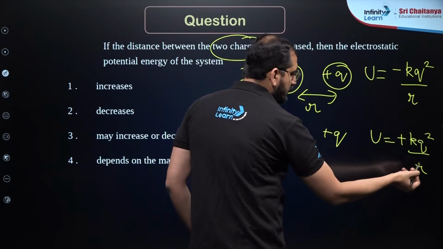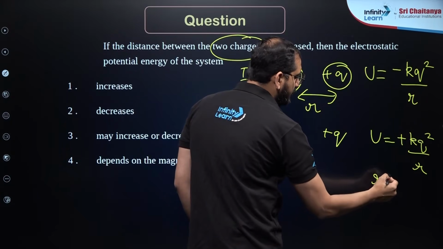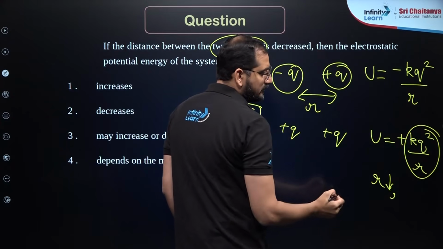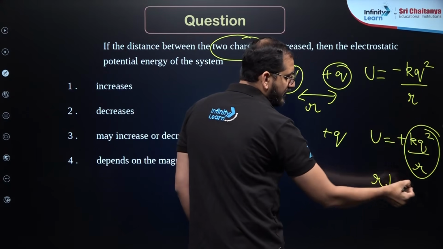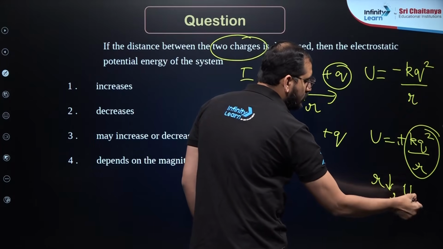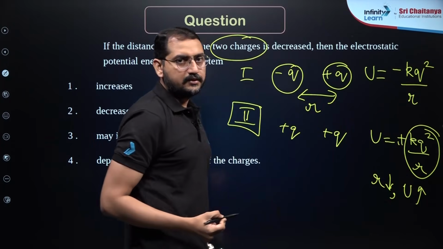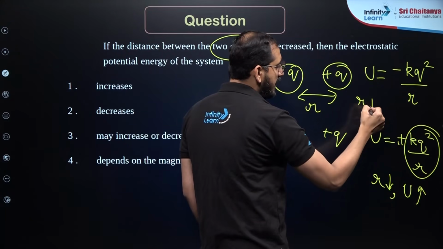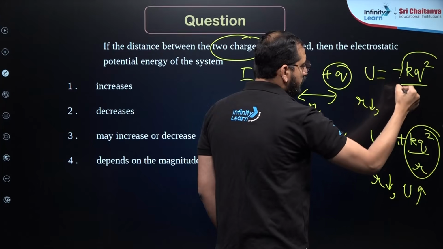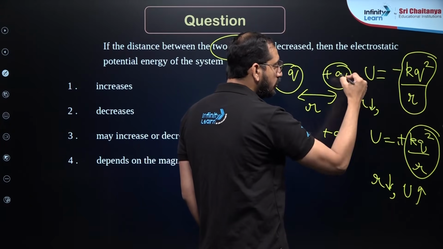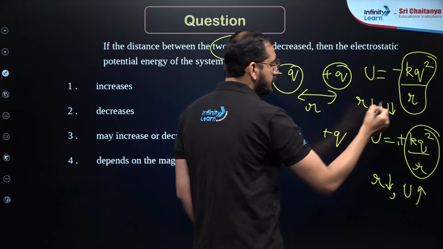In this scenario, if I decrease the value of r, then this overall value, apart from the sign, is going to increase, and because there is a plus sign, U also has to increase. In the other scenario, since I am decreasing the value of r, this portion is going to increase, but because of the negative sign, the total value of U is going to decrease.